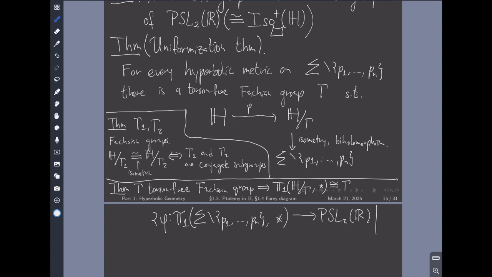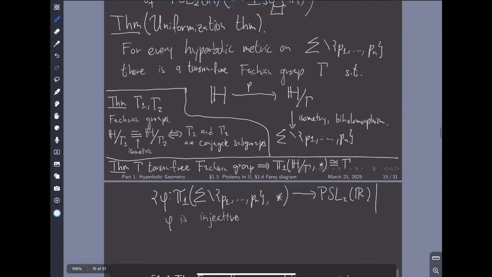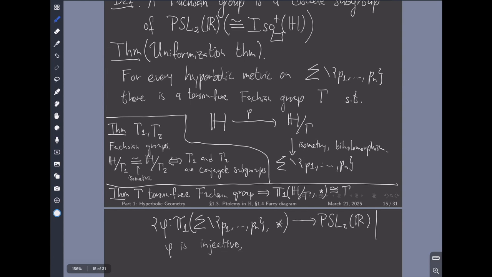with the properties that phi is injective, so that you indeed recover, I mean, there are no collapses. Phi is injective with discrete image, so that the image is a Fuchsian group isomorphic to pi 1.